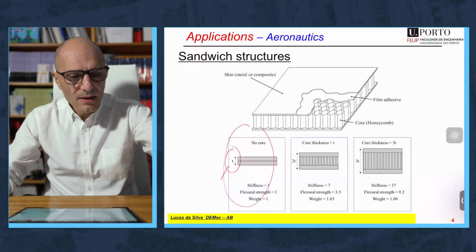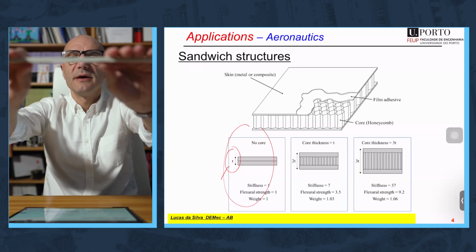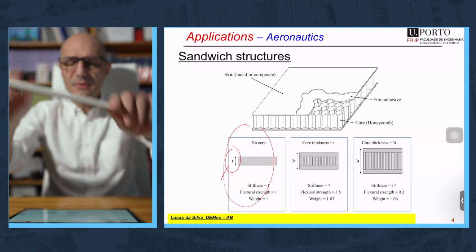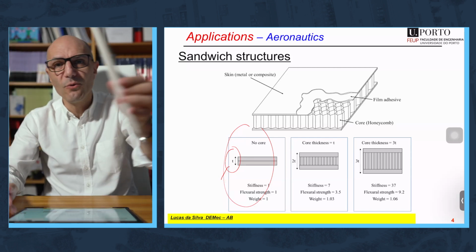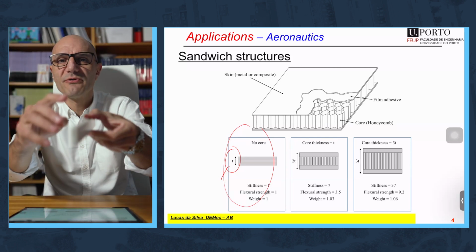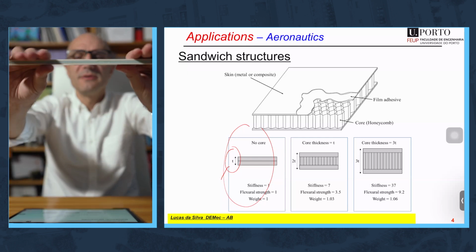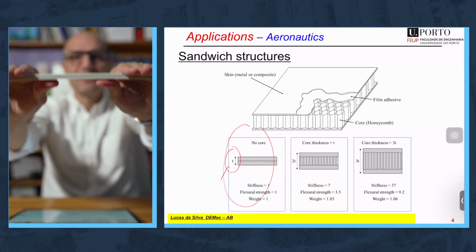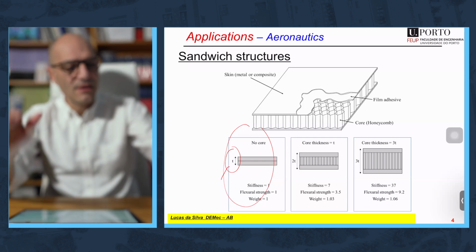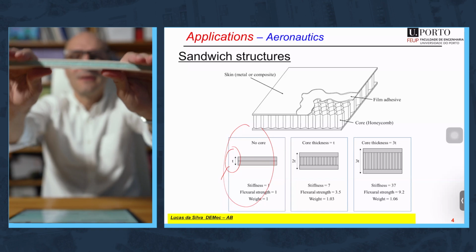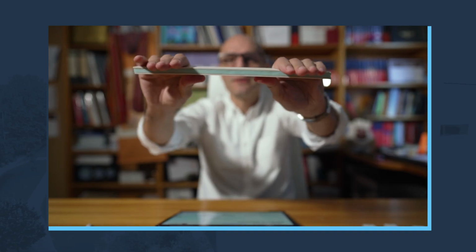Then I'm increasing the foam and I bend it, and already I have more difficulty to bend. The bending stiffness increases, but the weight is constant because the foam has no weight, okay? Then the foam is increasing and nearly I can't bend anymore, just a tiny bit. And finally, with the big foam, impossible to bend, okay?